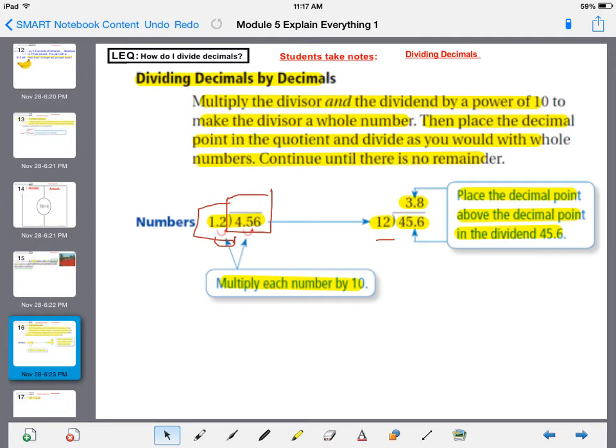What we did with the divisor, we must do to the dividend as well. And so this decimal point now came after the 5. And so now our new setup is 45 and 6/10 divided by 12. Now that we have the divisor as a whole number, we can go ahead and divide as normal. We would bring up that decimal point and then divide 12 into 45 and 6/10.